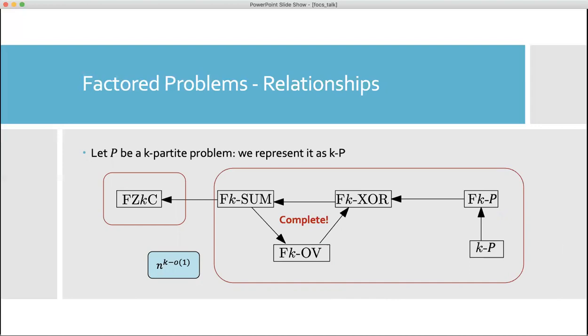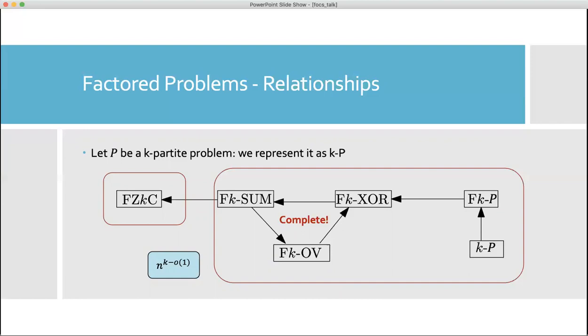So any problem reduces to its factored version, which says that the factored version of any problem is harder than the original version. Then we show that we can reduce factored KP to factored K XOR. And then factored K XOR, factored K sum, and factored KOV reduce to each other. They are complete for the class of factored problems. And then factored K sum reduces to factored 0 KClick.